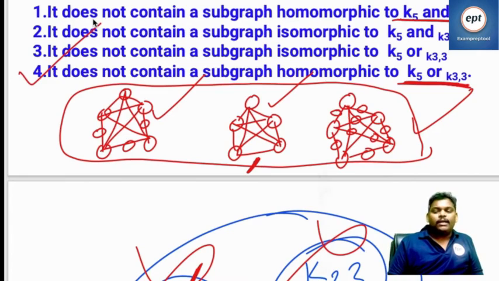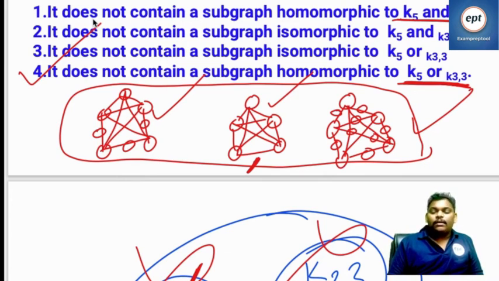The statement is: which does not contain K5 or K33. Option 1 is saying that both cannot be there.